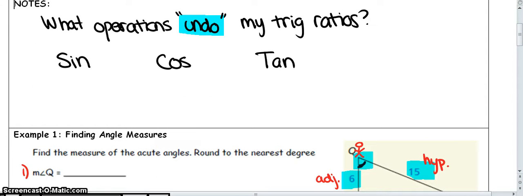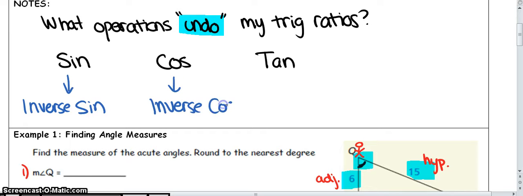So someone decided the inverse of sine should be called inverse sine. Inverse sine will undo sine, inverse cosine will undo cosine, and inverse tangent will undo tangent.